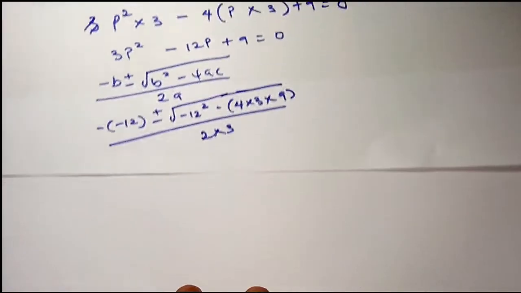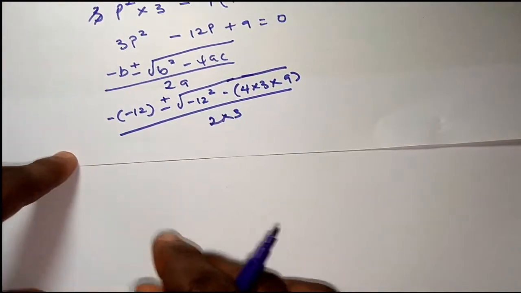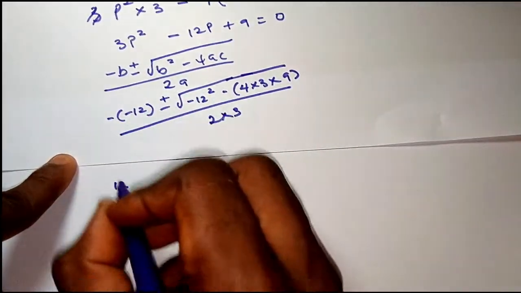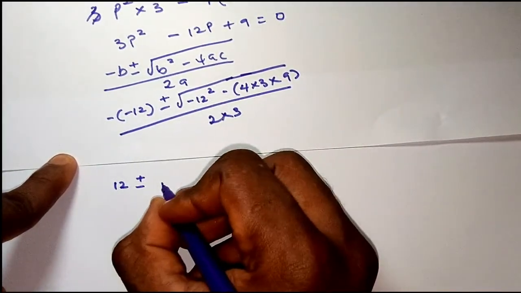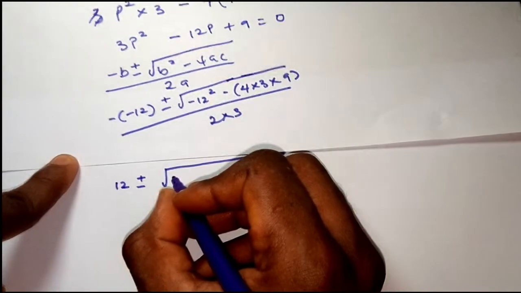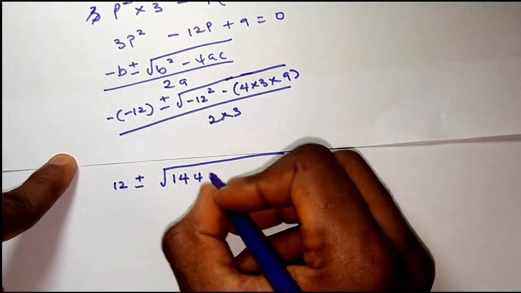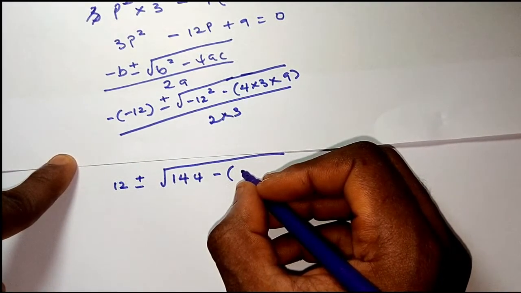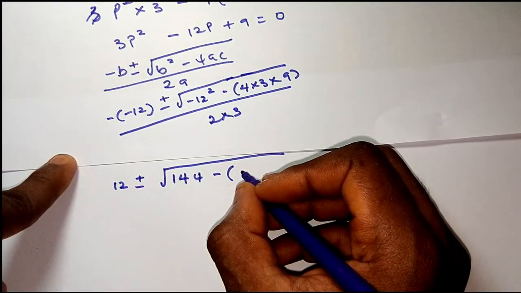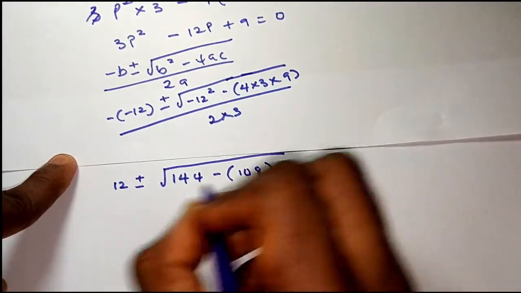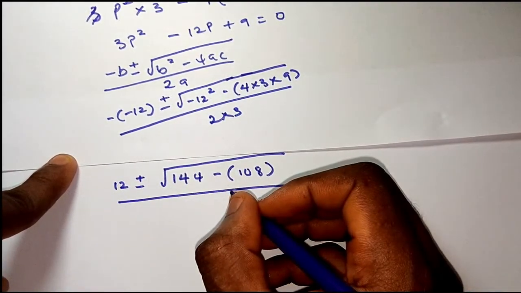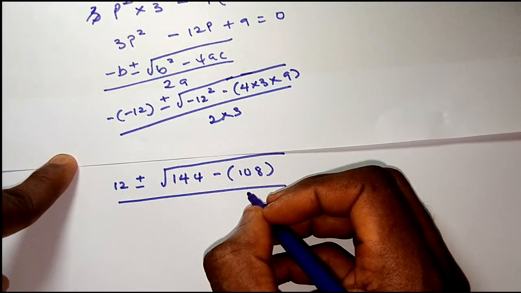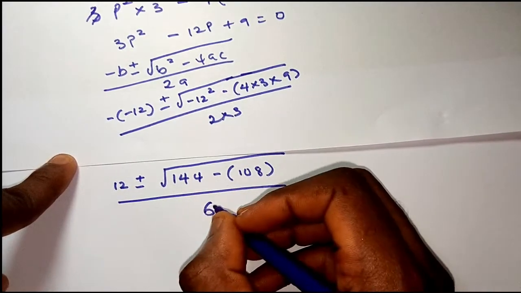Now if we bring this up a little bit, we have here 12, because minus times minus 12 gives plus 12, and plus or minus the square root of 144, and minus 12 times 9, we have 108 here, divided by 6.